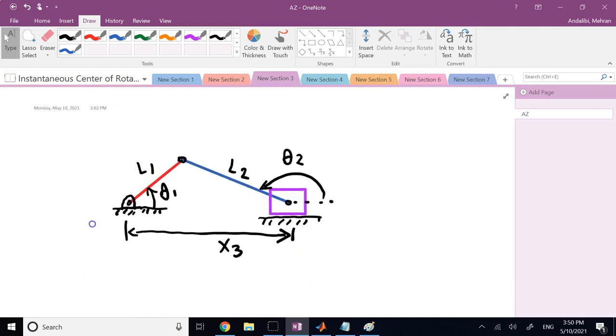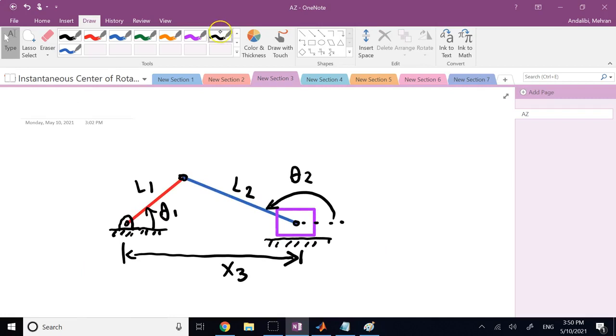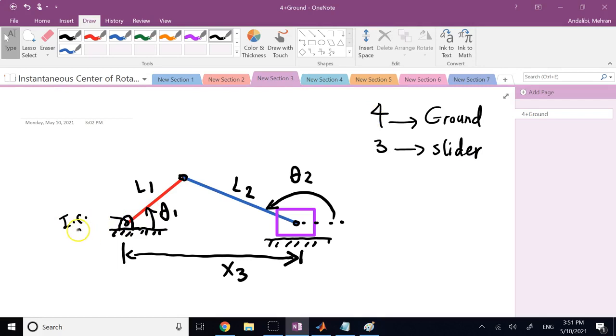So where are the instantaneous centers here? Clearly, here I say 4 is ground and 3 is the slider. If I want to know the center of member 1 with respect to ground, that's here. This is IC of member 1 with respect to 4.